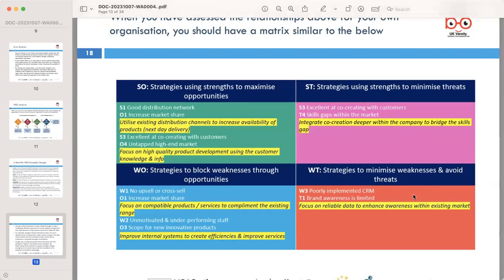Strategies to minimize weaknesses and avoid threats: poorly implemented CRM, limited brand awareness, focus on reliable data to enhance awareness within existing markets. So once you have assessed these relationships within your organization, you should have a TOWS matrix that looks similar to one of these.